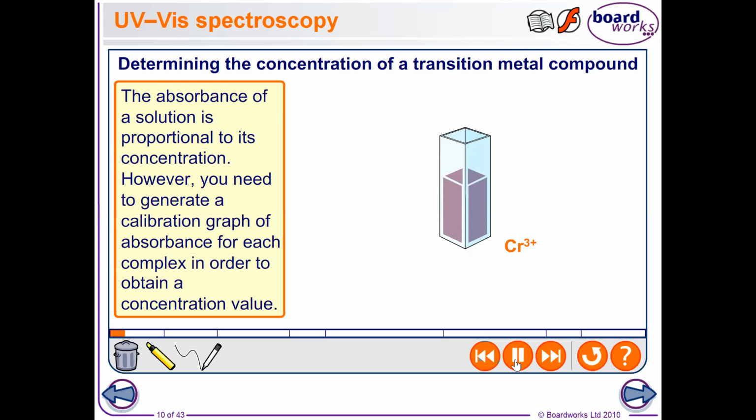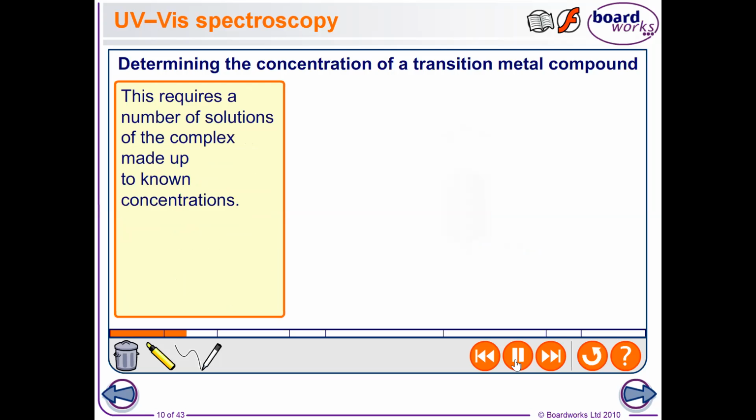So the absorbance of a solution is proportional to its concentration. Take note of that. However, you need to generate a calibration graph first. What is that calibration graph? The calibration graph will be your reference. So a calibration graph of absorbance for each complex in order to obtain a concentration value. You have to establish first your calibration graph.